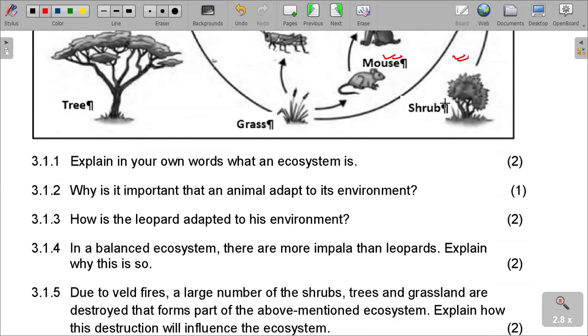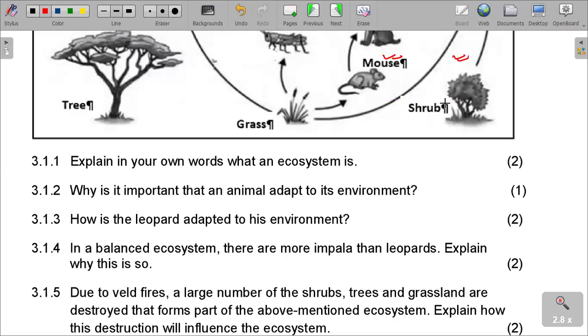An ecosystem actually consists of an ecological community that includes all the living organisms, such as plants and animals, together with the non-living environment such as the temperature, wind, water, interacting as a system.